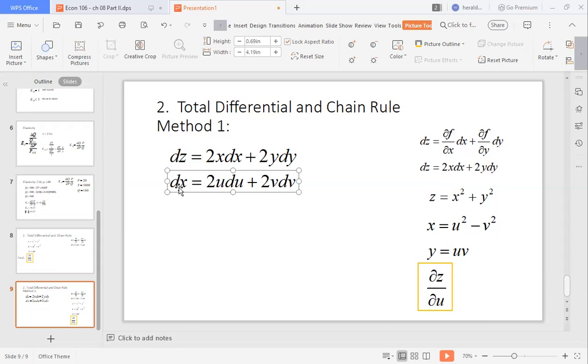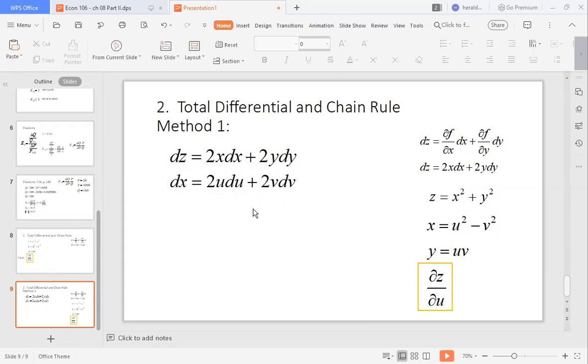Again, it is just the same process as what we did earlier, but now we're doing it for x. So the total differential of x is partial f partial u, which is 2u multiplied by the change in u, plus partial f partial v, which is 2v multiplied by the change of v, which is dv. Is it clear how we arrive at the total differential of x? I hope that's clear.